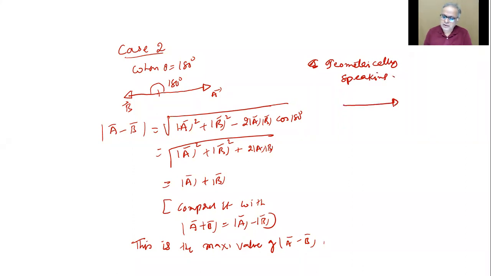If A is like this and B was like that, after reversing, it will become like this. That's why mod of A minus B would be mod A plus mod B. That means the vector will be longer than both A and B. It would be like this.